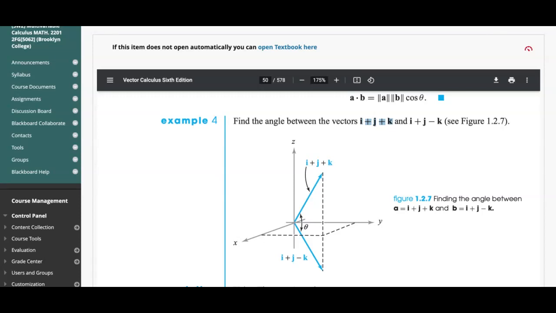The second one, ijk, point-wise representation, 1, 1, negative 1. We should convert this in our head. Vectors can be represented in two ways. When we see ijk, that means if we write it as a point, it's 1, 1, 1. If we want to write this one, it will be 1, 1, negative 1.